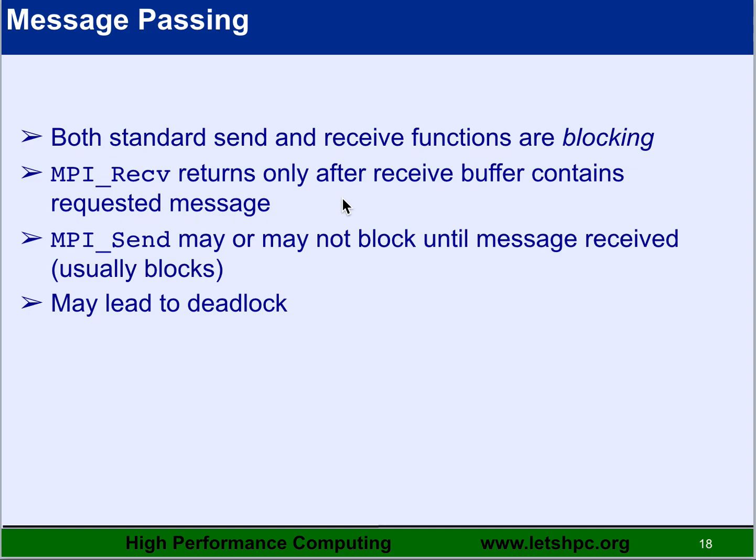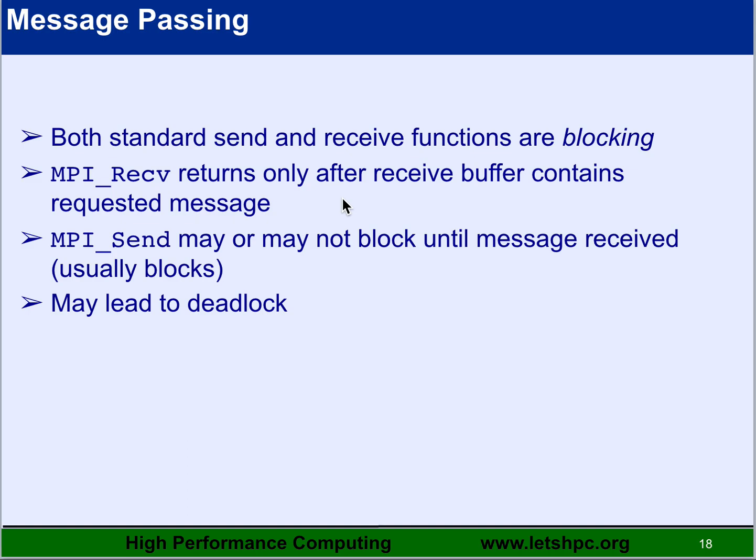So, the receiving process, when it calls this receive function, because it is blocking in nature, only returns after it makes sure that the receive buffer contains the requested message. Okay, and MPI send may or may not block until message received, but generally it blocks because it's blocking in nature.